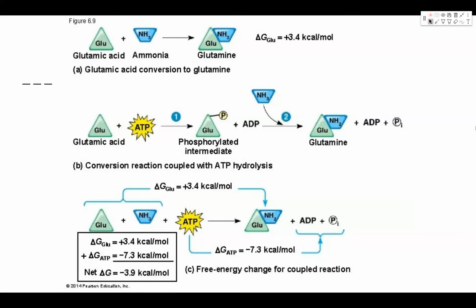So what we're going to do is couple it with ATP. Here's what's going to happen. We're going to still start with our glutamic acid, but instead of going straight into the ammonia, we are going to add ATP.